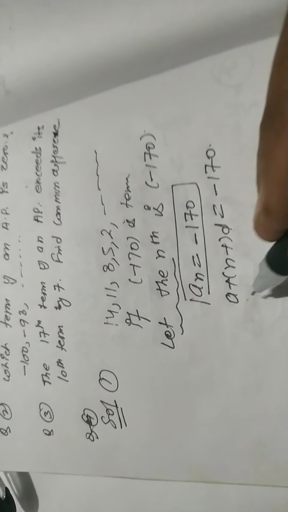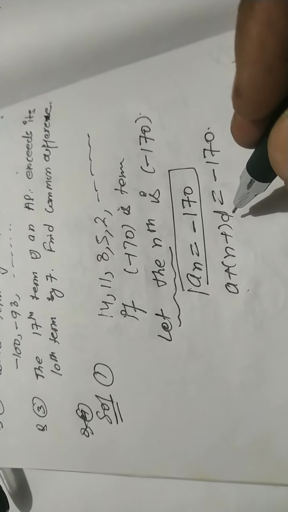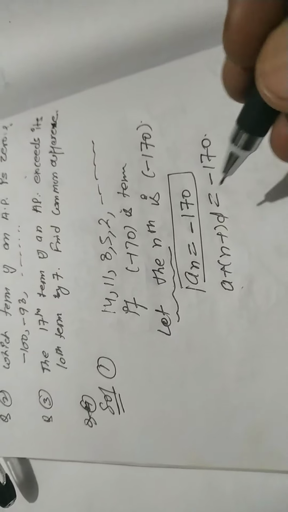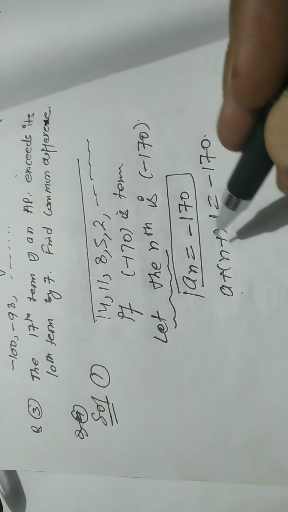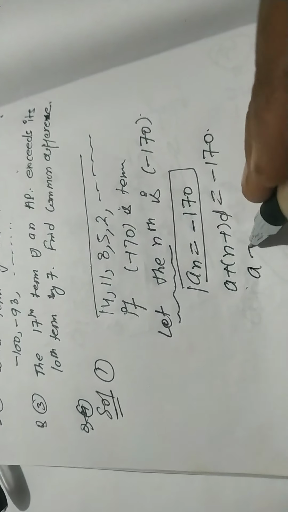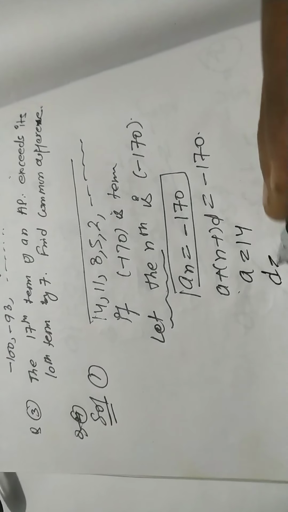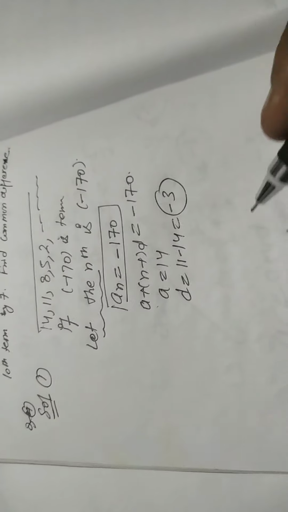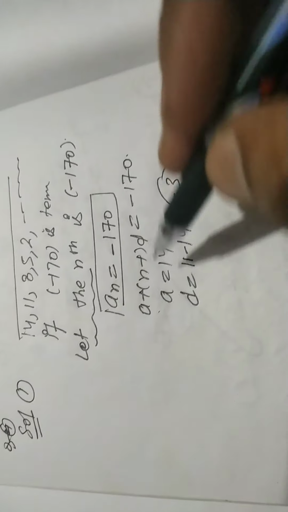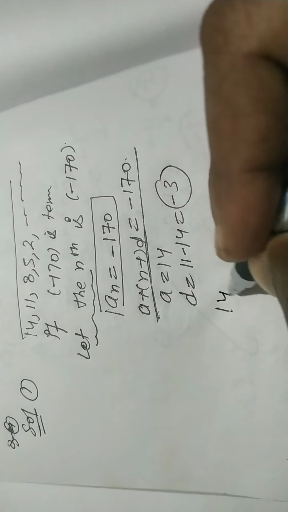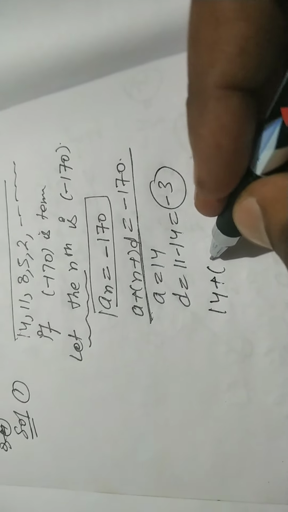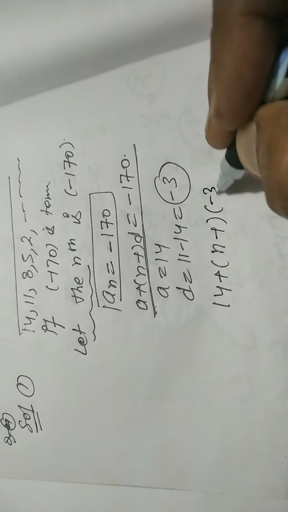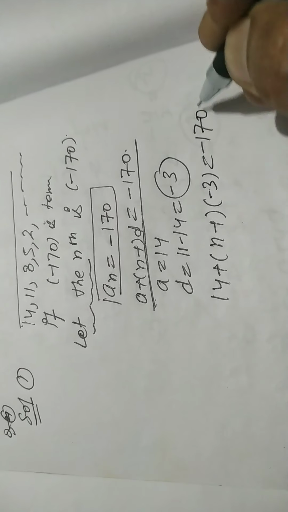We don't know a, d, or n, but from this AP we can get a and d. The a is 14 and d is 11 minus 14, which is minus 3. Now put these values in the equation: 14 plus n minus 1 into minus 3 is equal to minus 170.